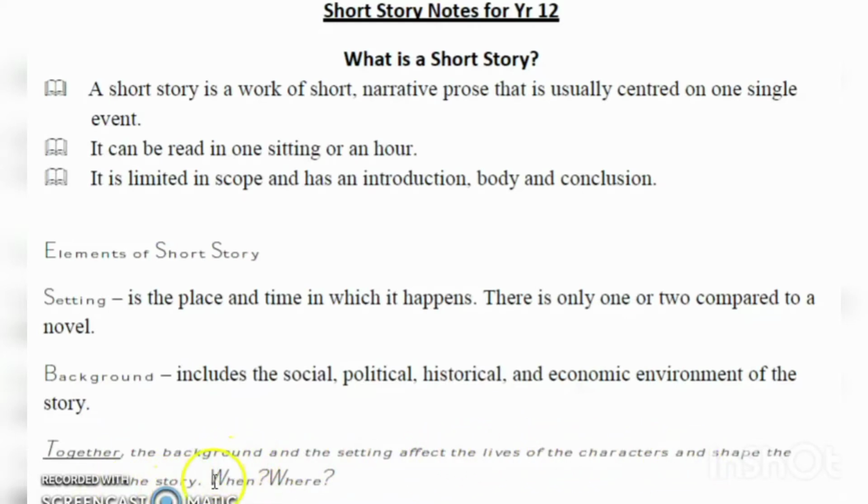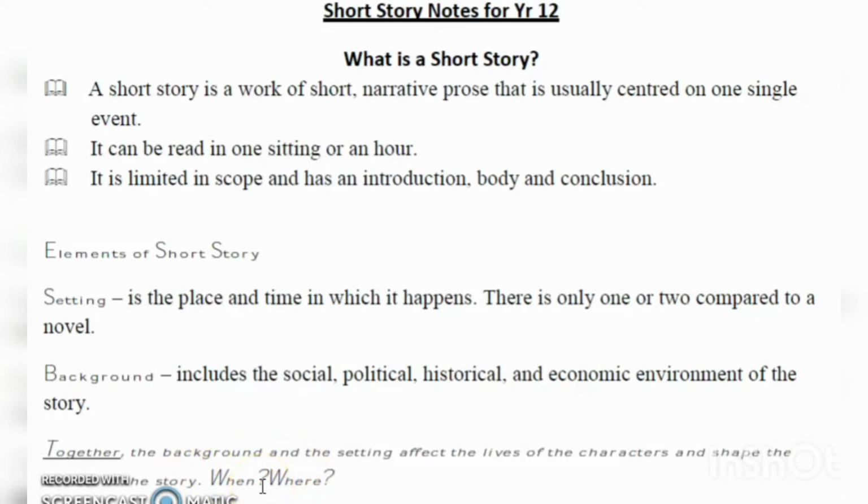So the setting is the when and where, but you can also have the background as the when. For example, in Year 12's short story, The Preliminary Inspection, the where is Lajonia Road in Mombasa, Honolulu, Fiji Islands. Then you have the when, which was during Diwali, the Diwali celebration, right?